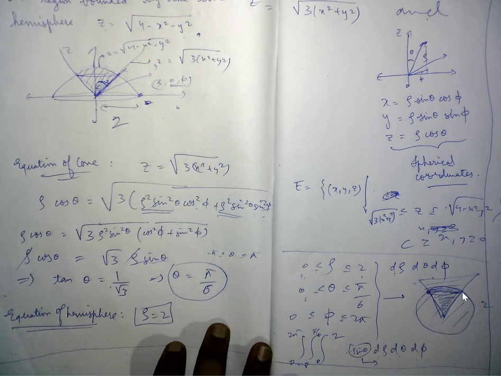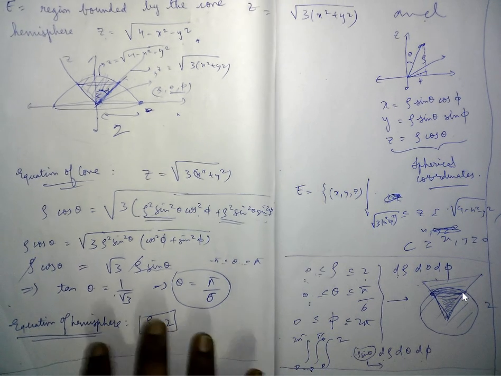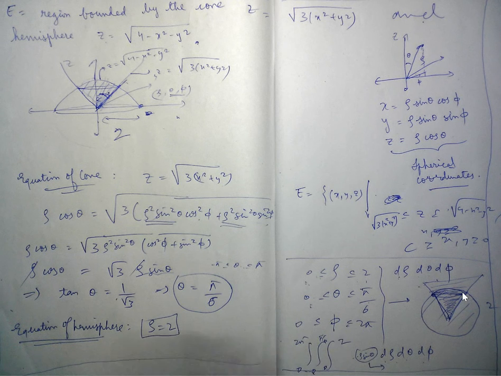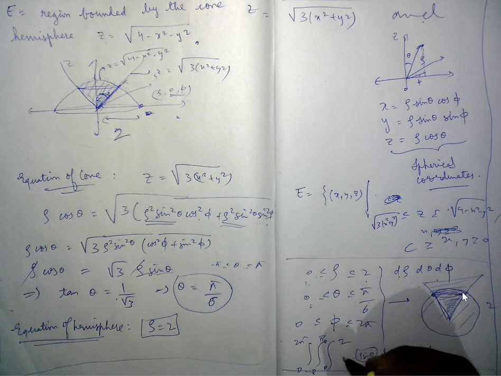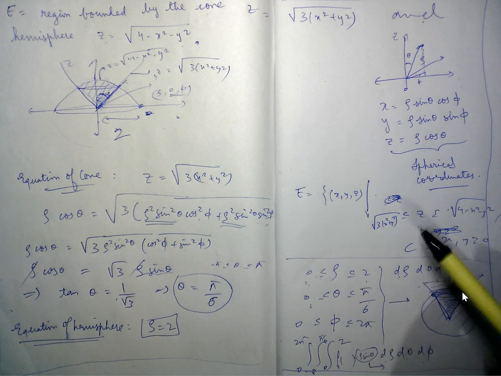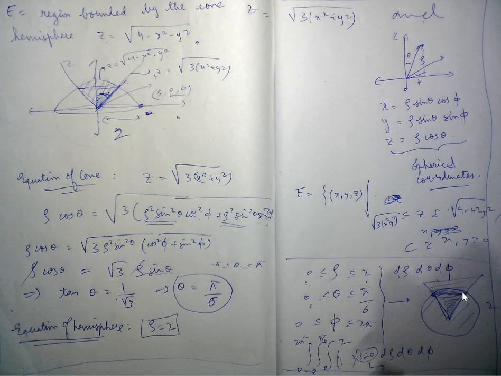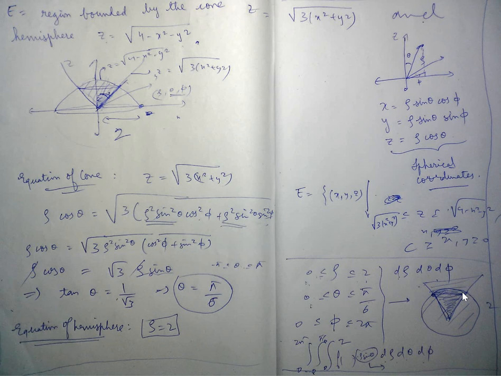So this is how you solve this question. The region E will have the following bounds. Even if you want to integrate any function, you can just substitute the values of x, y, z in terms of rho, theta and phi, and you already know what the bounds are, so it is easy to calculate the integration.